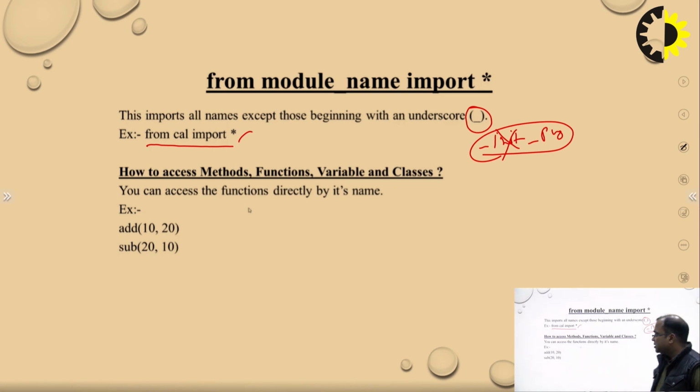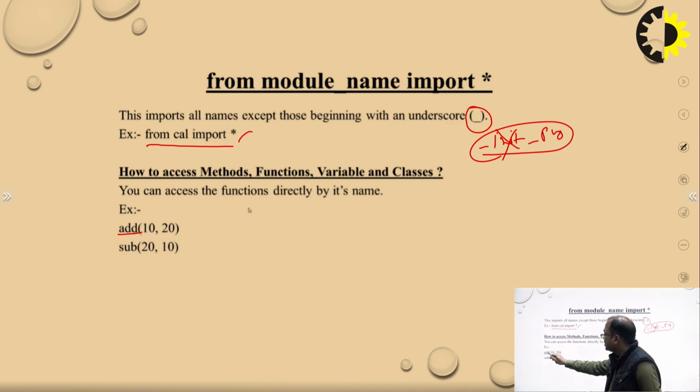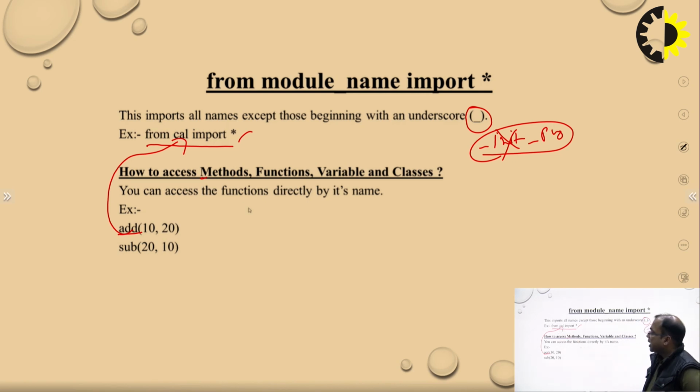So how to access this method, function, variables in a class? You can access the function directly by its name. For example, add 10 20, sub 20 10, we can directly access these. These are functions inside this call module. There is an add function, we can directly write add 10 20.